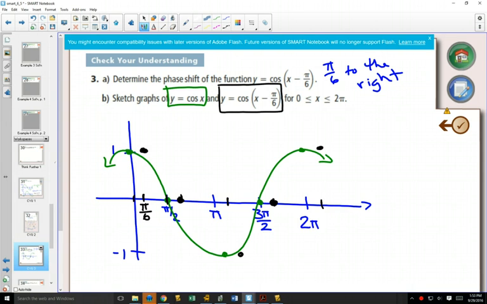And now we can draw it as if it's just been shifted. Okay, this part of the graph here, that looks awesome. That looks like I perfectly moved it over. I'm pretty proud of that.